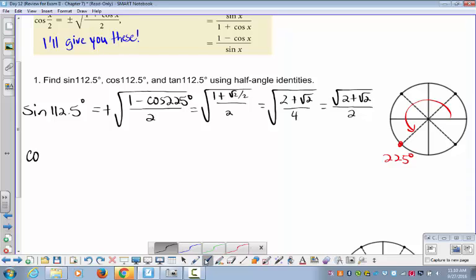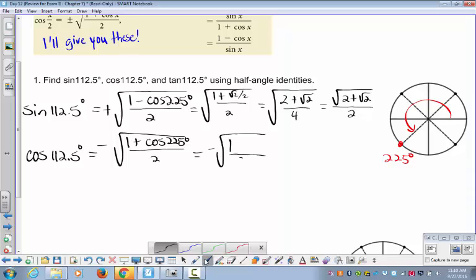Cosine looks darn similar. Now you told me we were in quadrant 2. Should we choose positive or negative for the cosine value of 112.5? Negative, because we're in quadrant 2. Yes. And then this will be 1 plus cosine of 225.